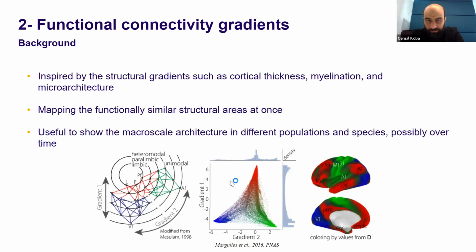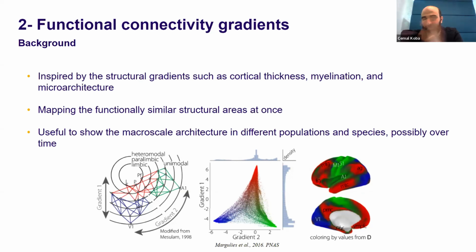So in the first gradient, from regions that are red to the other colors, you can see red colors are regions associated with higher order functions such as decision-making and introspection, and blue and green colors are visual and auditory areas.